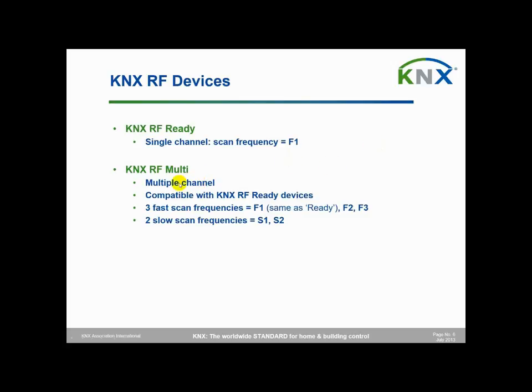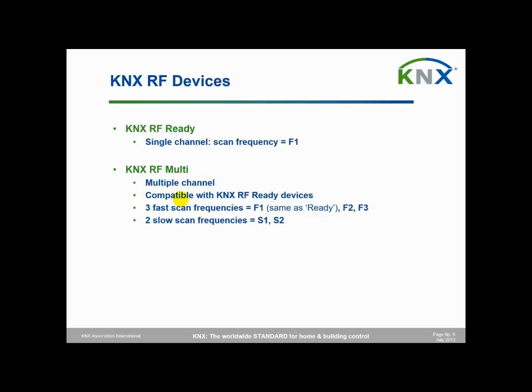The second type are the KNX RF multi devices. Multi indicates, as expected, multiple channel devices. These devices are compatible with KNX RF ready devices. So whenever a multi device recognizes that a device is a ready device, it will automatically change its scanning frequency to F1, so that it is the same scan frequency, and that makes them compatible.